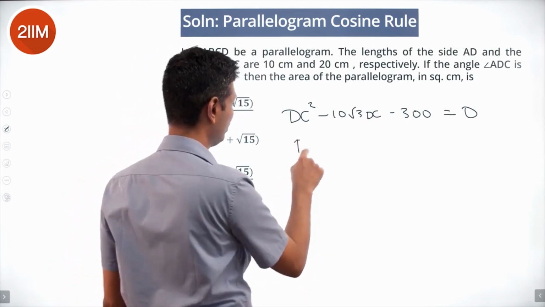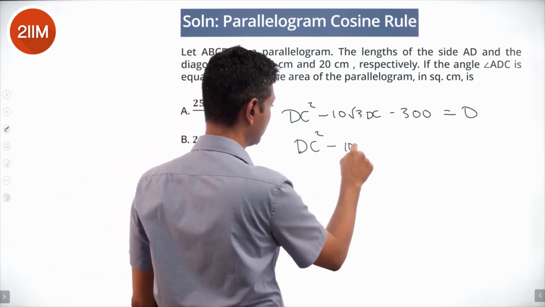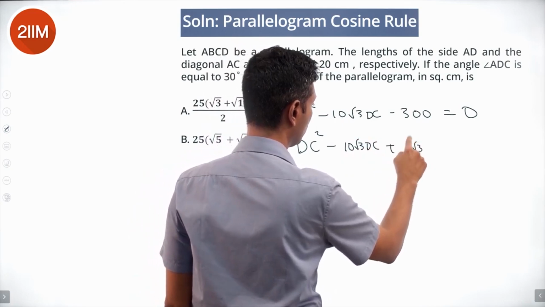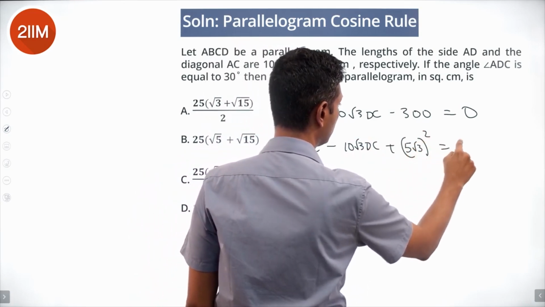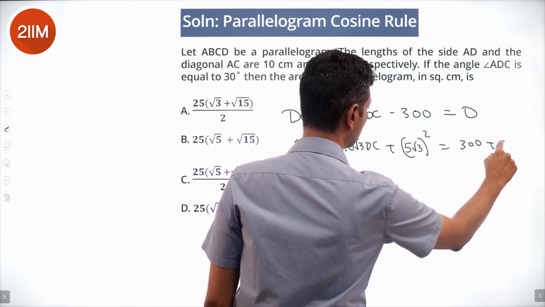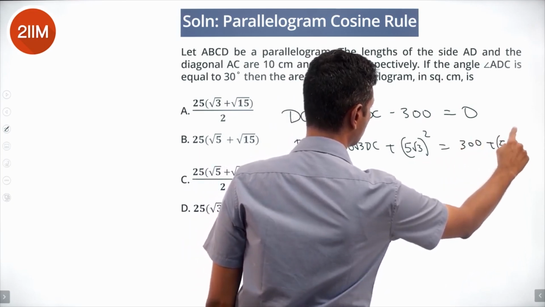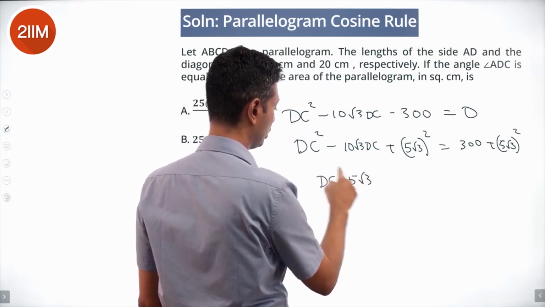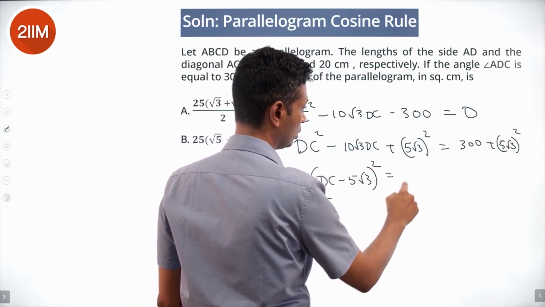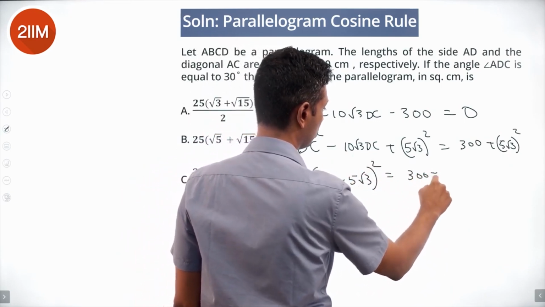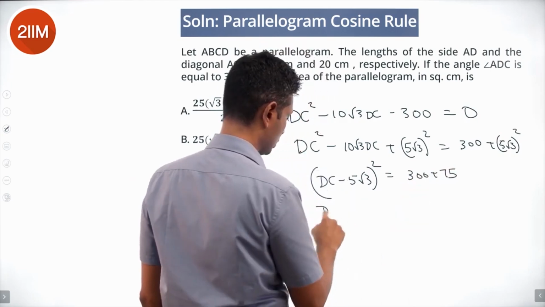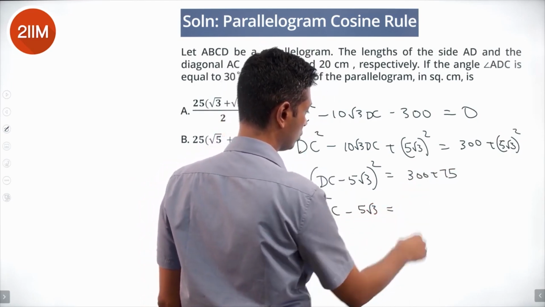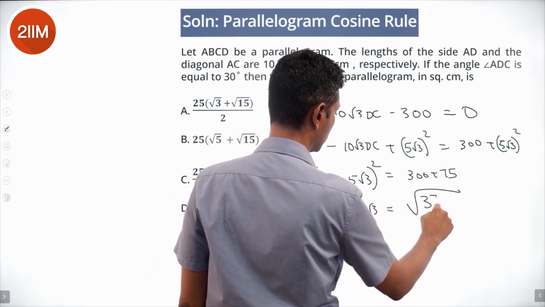So I'm going to write this as DC square minus 10 root 3 DC plus 5 root 3 whole square equals 300 plus 5 root 3 whole square. This is DC minus 5 root 3 whole square equals 300 plus 75. DC minus 5 root 3 equals square root of 375.